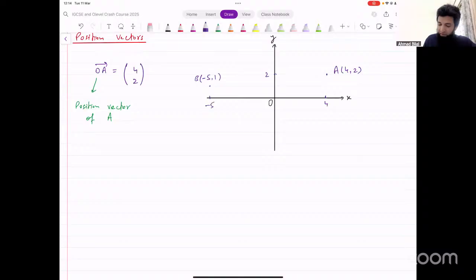This is -5 and this is 1. How can I start from the origin and reach that point? I have to go 5 units left and then 1 unit up, right? 5 left, 1 up. What would that be? OB vector. That would be -5, 1.